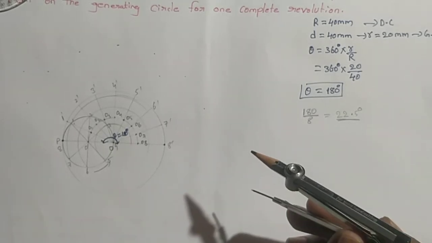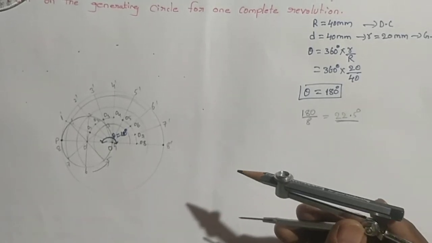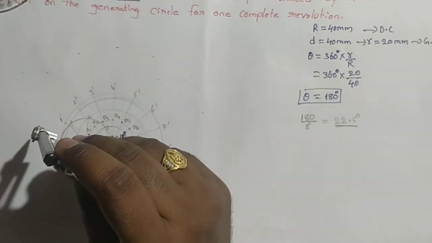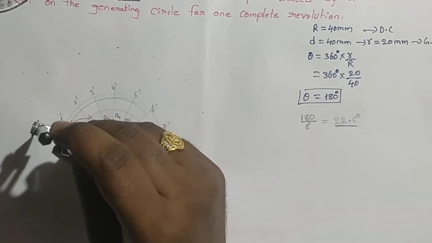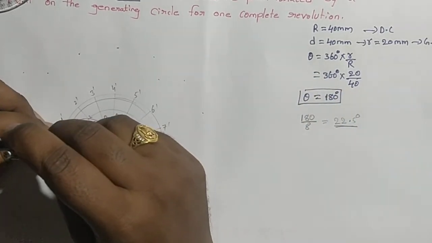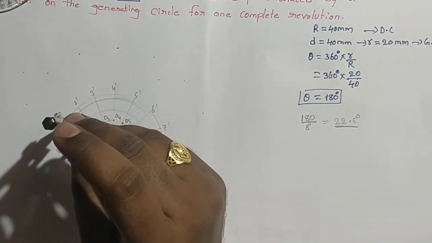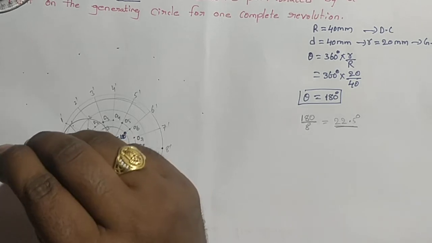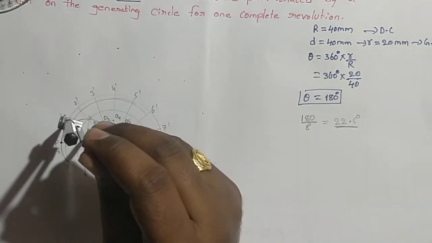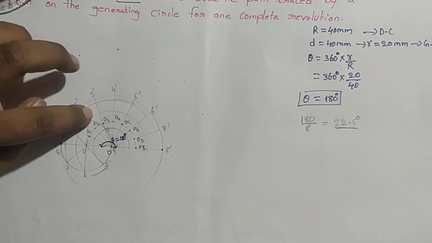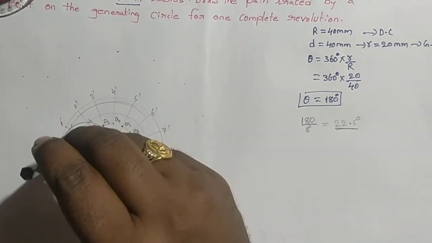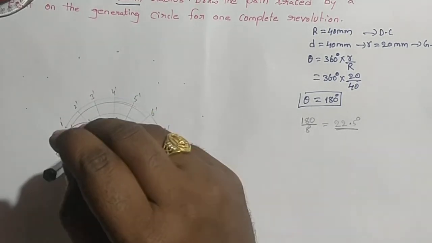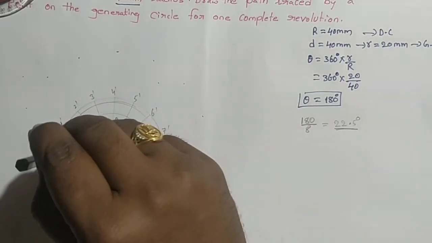Next we need to identify the points P1, P2, P3, P4, P5. Using a compass, take the radius of the generating circle. O1 as center, cut this first arc; we got the point here. Next, O2 as center, cut this second arc; exactly you will get the point here. Next O3 as center, and this one is the point.